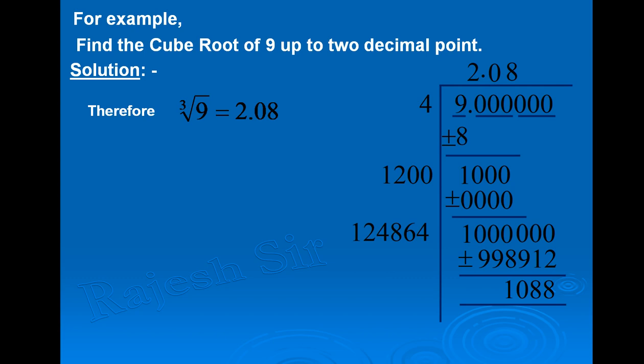So by this we can find the cube root of any number which is not a perfect cube. So the cube root of 9 up to 2 decimal points is equal to 2.08. Thank you very much.